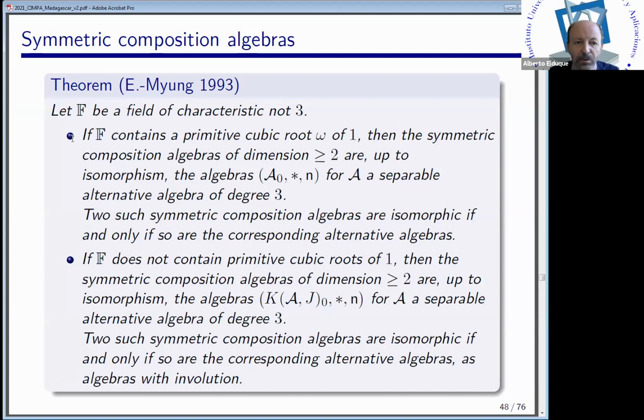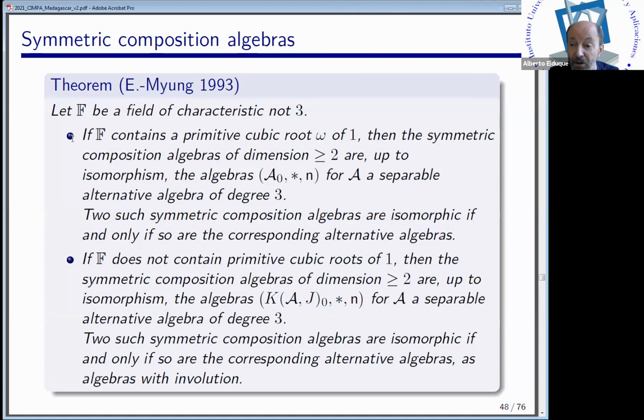So the symmetric composition algebras of dimension at least 2 are, up to isomorphism, the algebras that can be obtained with Okubo's multiplication and norm, but starting not with a central simple associative algebra of degree 3, but with any separable alternative algebra of degree 3. And actually, two such symmetric composition algebras are isomorphic if and only if so are the corresponding alternative algebras.